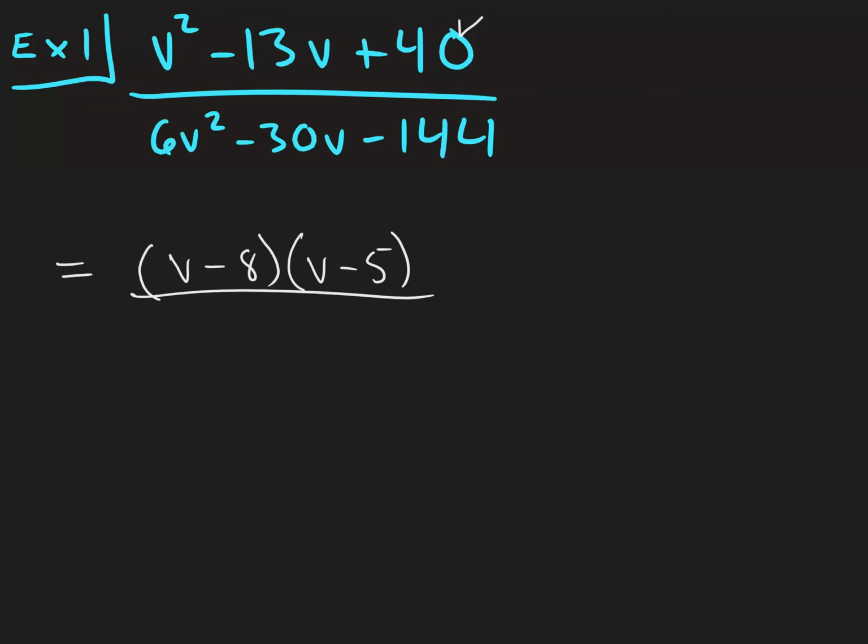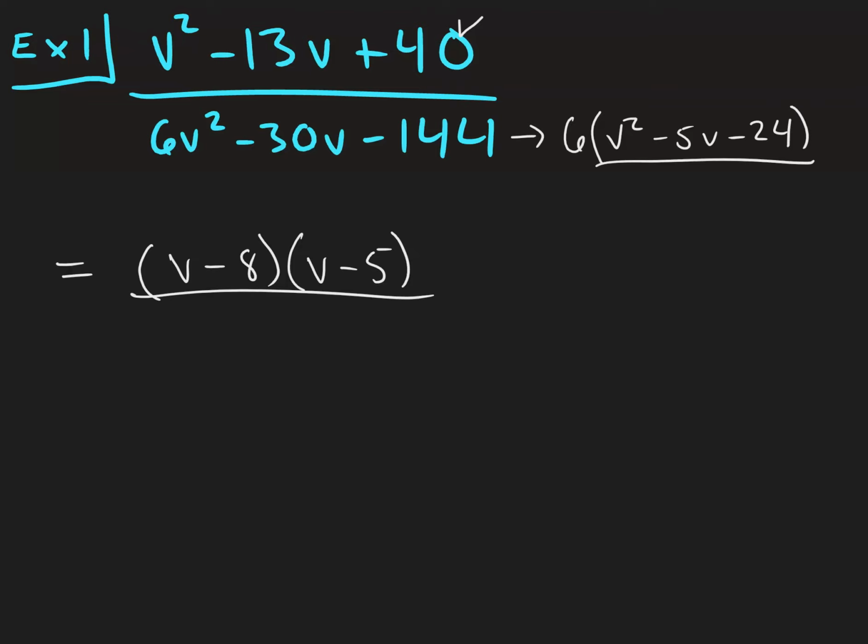Now our denominator is going to take a couple of different things to do here. So first, I notice that all three of my terms here can be divided by 6. So I'm going to factor out a 6 first. And what I'll have left after factoring out a 6 is going to be v squared minus 5v minus 24.